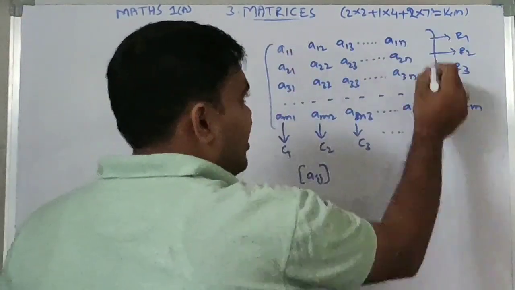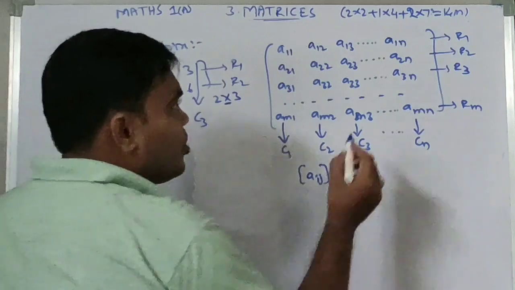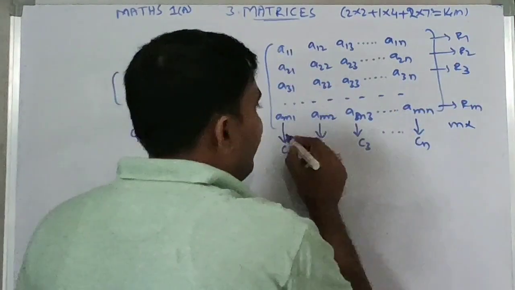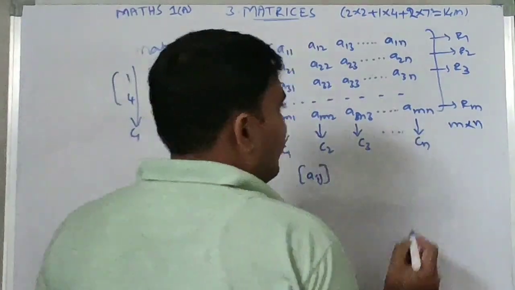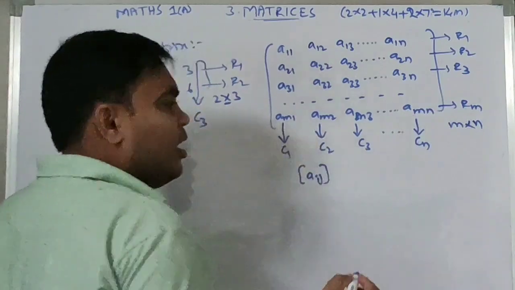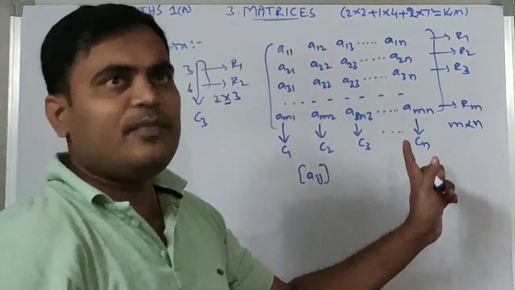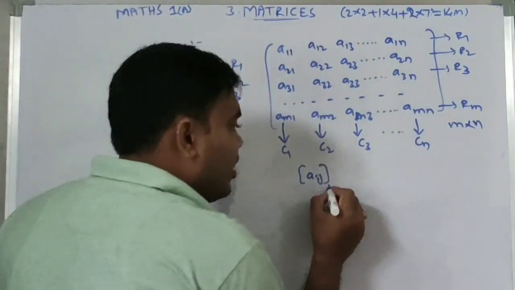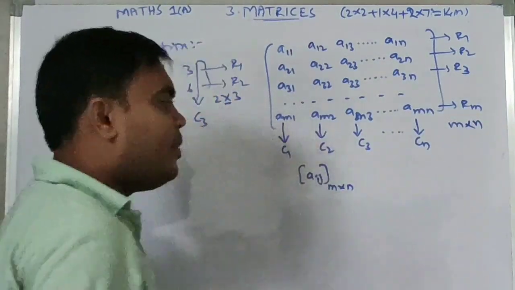If we take this general matrix, how many rows? 1, 2, 3 up to m rows. How many columns? 1, 2, 3 up to n columns. Total number of rows m, total number of columns n. So m by n is the order of this matrix. We represent it as Aij, m by n.